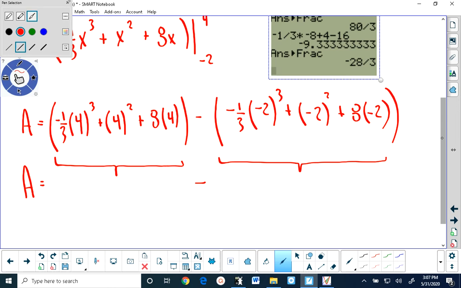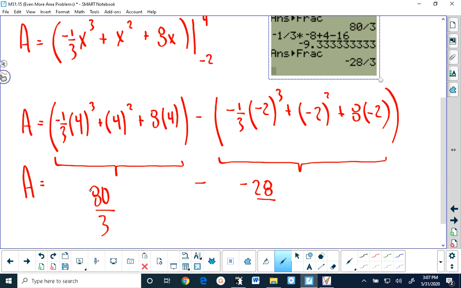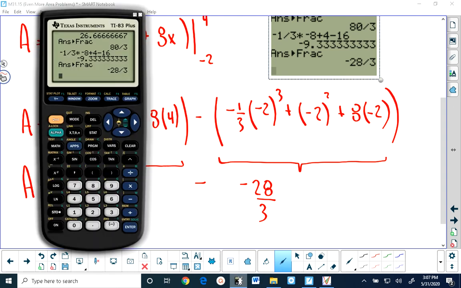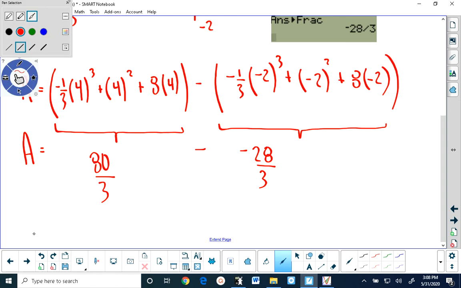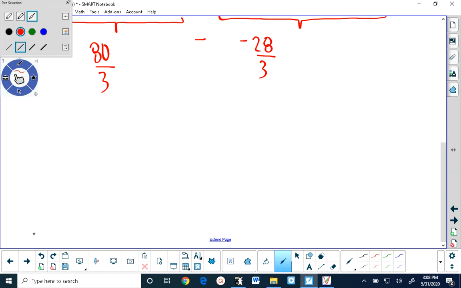So we get 80/3 minus negative 28/3. Let's see, that's 108/3. I think that's 36, but I'd better double check here. So the area here is 36 square units.